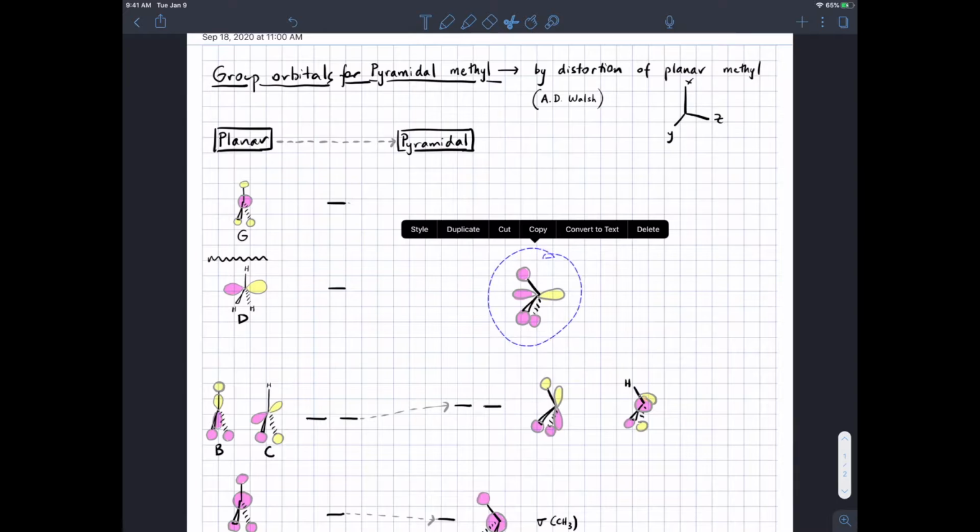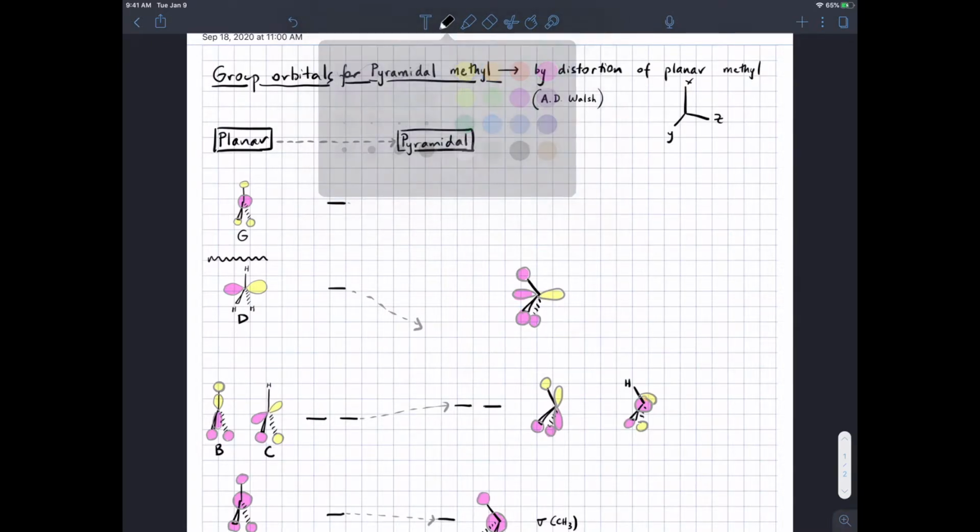We'll see that this is going to go down substantially in energy, because whereas before there was no bonding interaction at all with these hydrogens, now there is. Okay? So that's going to be a substantial decrease in energy. And the precise amount isn't that important to our discussion.